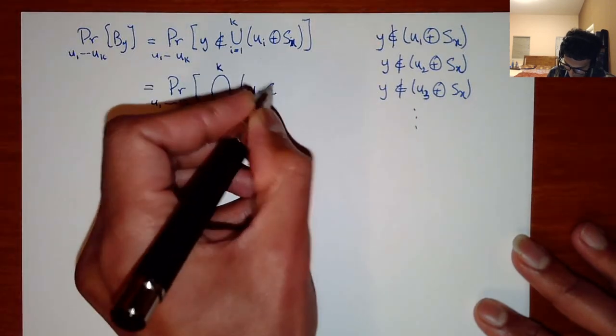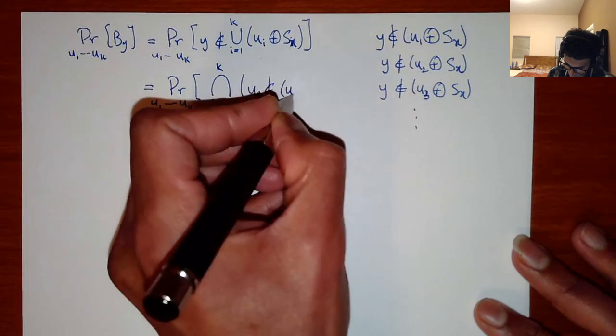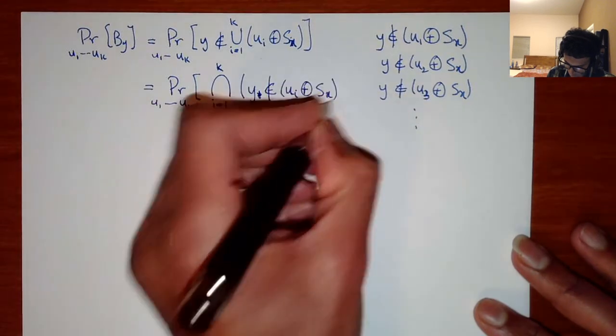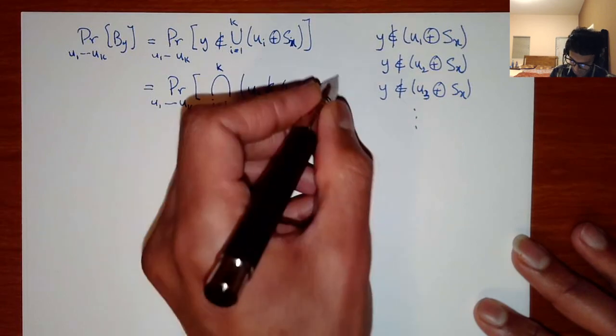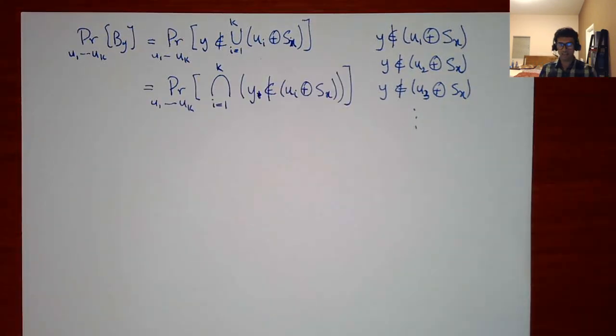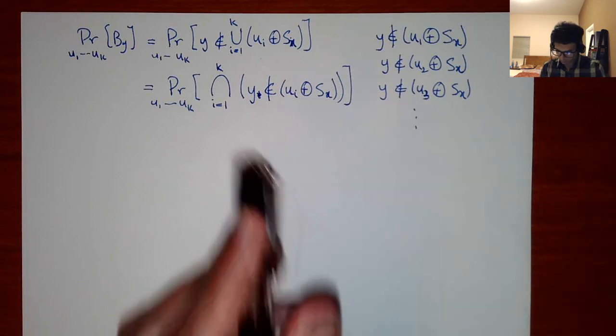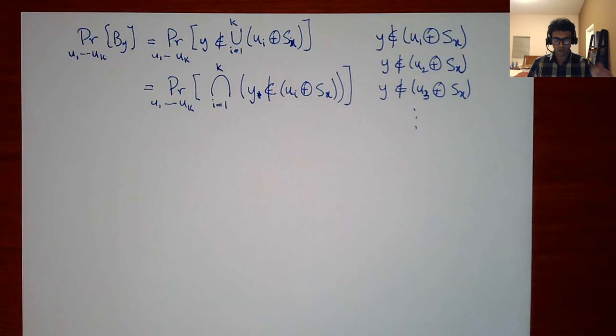It's the intersection of all of these events, where each event is: y is not present in the ui shift of Sx.